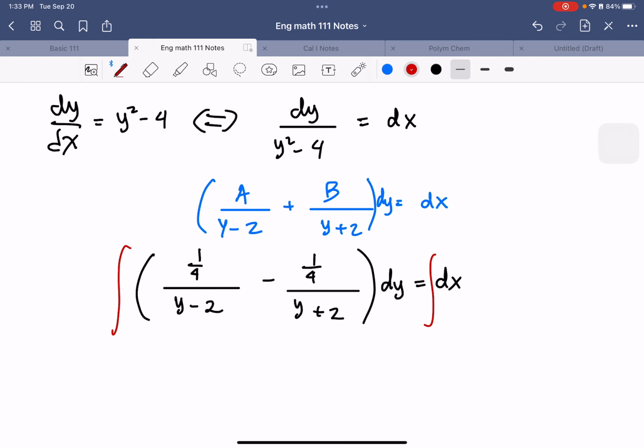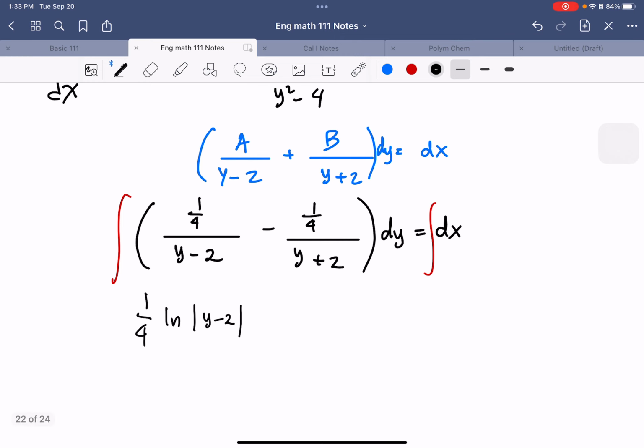So this y minus 2, we integrate and it becomes ln, and this is just a constant. So we will have 1 over 4 ln, right? And then negative 1 over 4 ln. Okay. And then x, and make the constant go here.